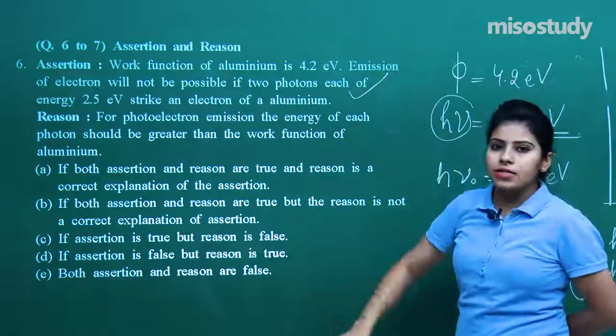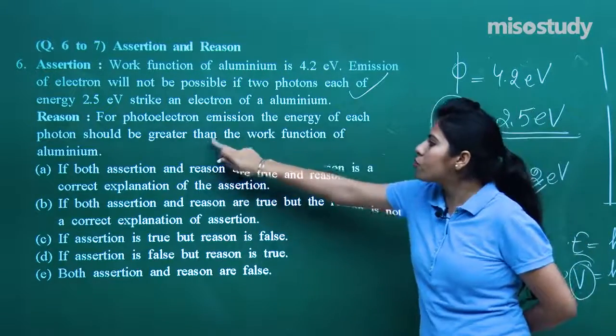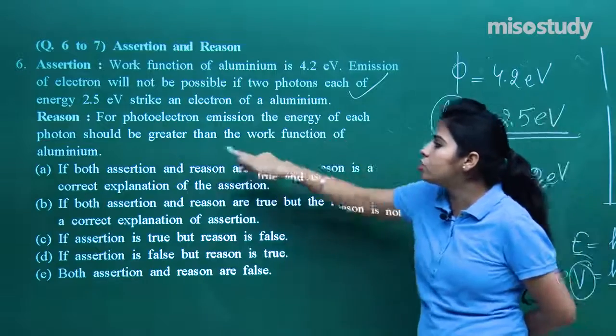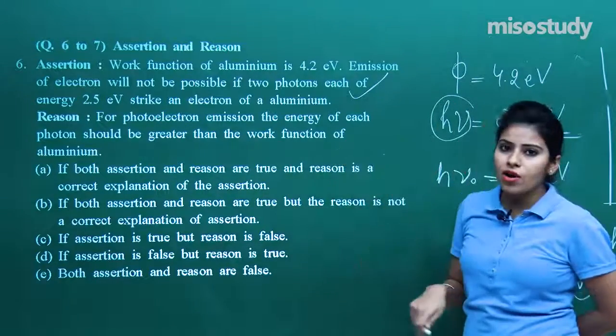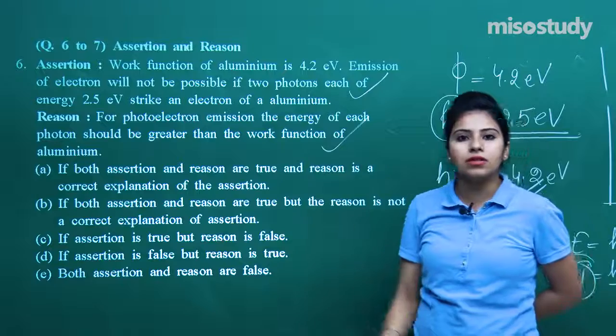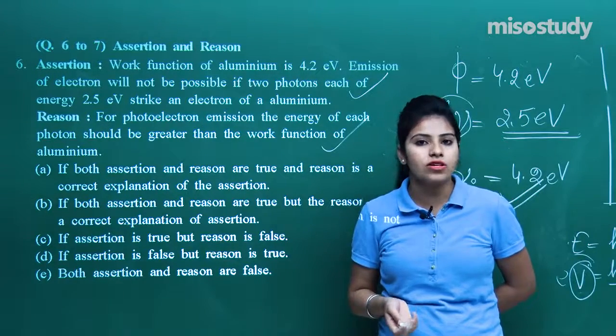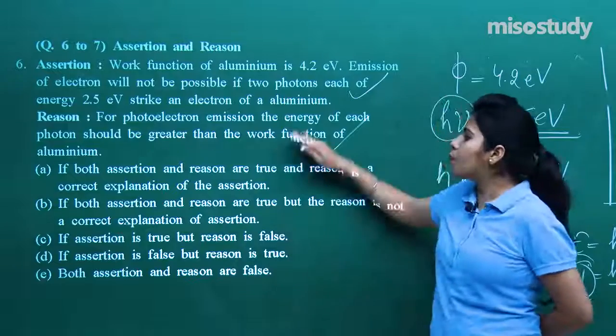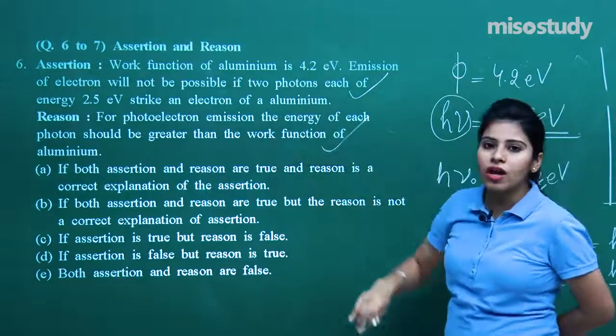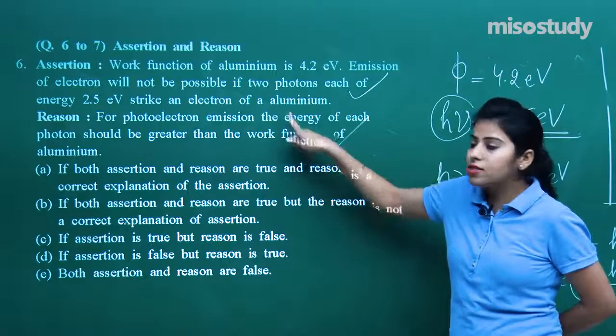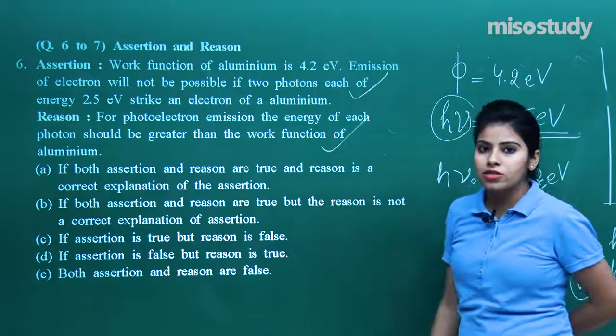So this is correct. And the reason, that for photoelectron emission the energy of each photon should be greater than the work function, is again correct, because this is the sole concept of the threshold frequency and the work function. So we can say both the assertion and the reason are correct, and R is the correct explanation for this assertion.